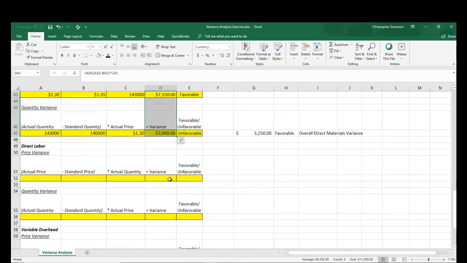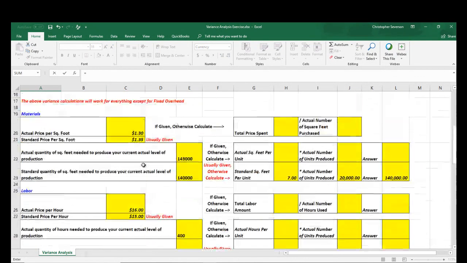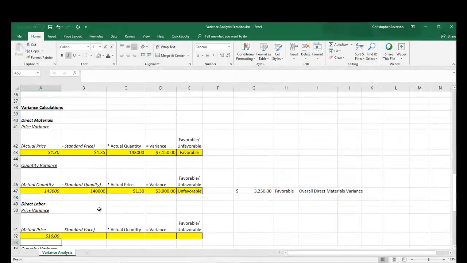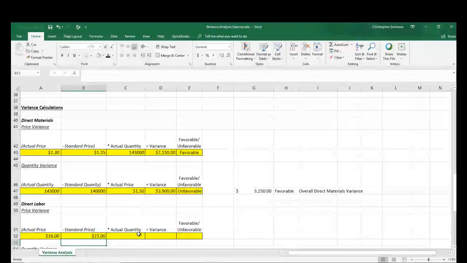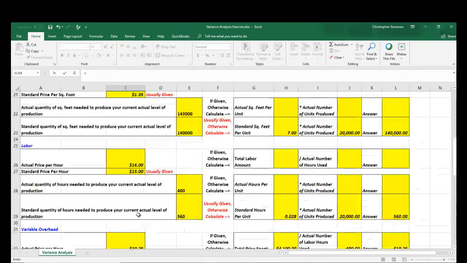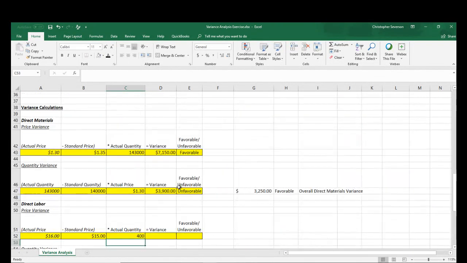So the direct labor variance, we're going to just link those cells again. The direct labor, the actual price, standard price, actual quantity of direct labor, and the variance is going to be the actual price minus the standard price multiplied by the actual quantity.